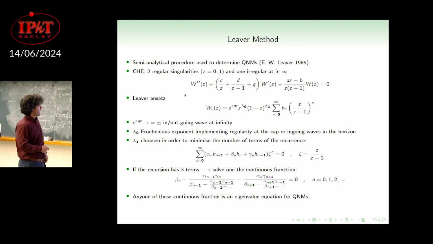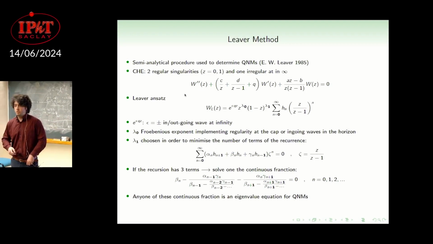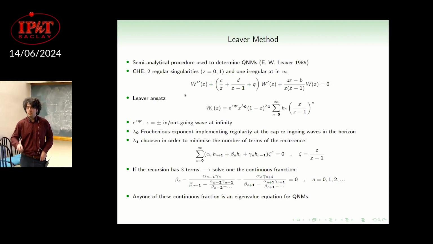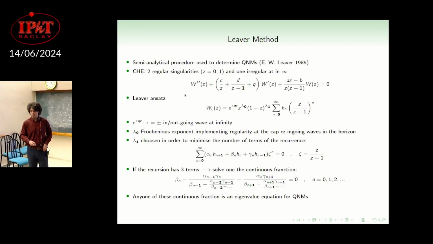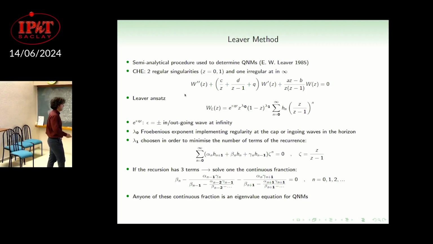So actually, you have an infinite number of these continued fractions, labeled with this integer n. You choose one of them, it is not important. And then this is a very, very complicated equation that encodes the values of the quasi-normal mode frequencies. So you can solve it numerically if you want.